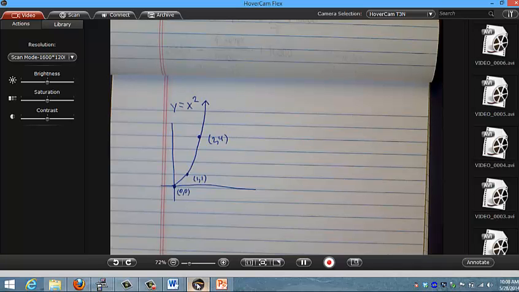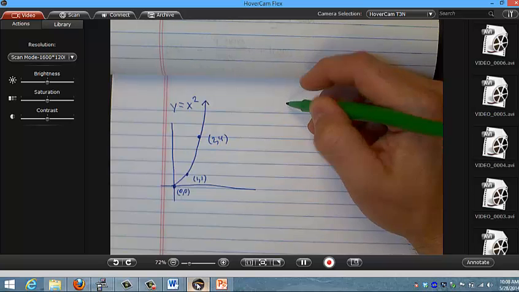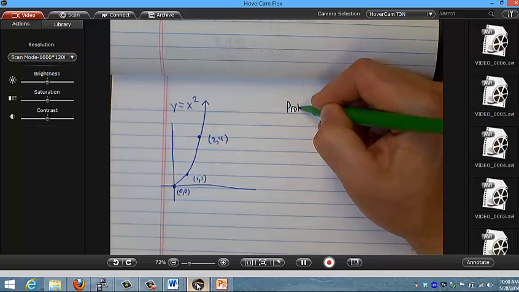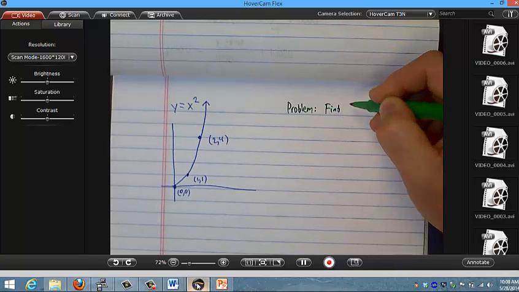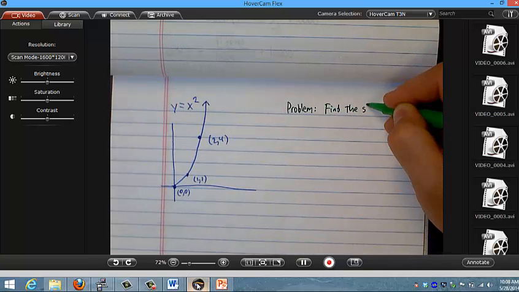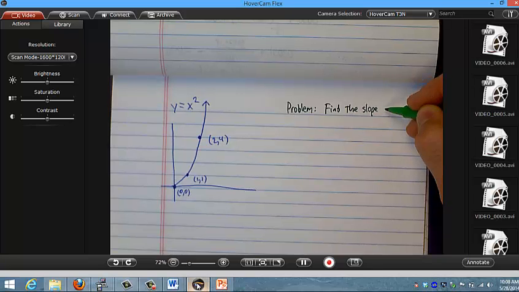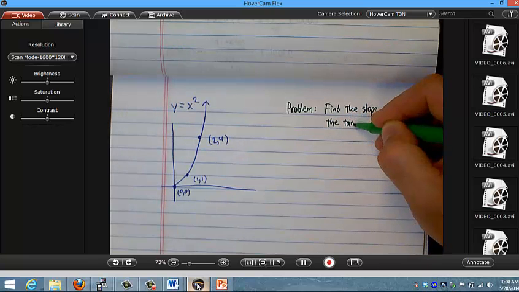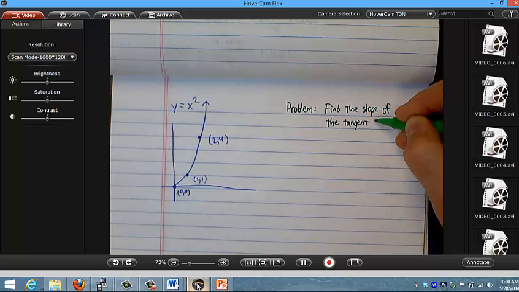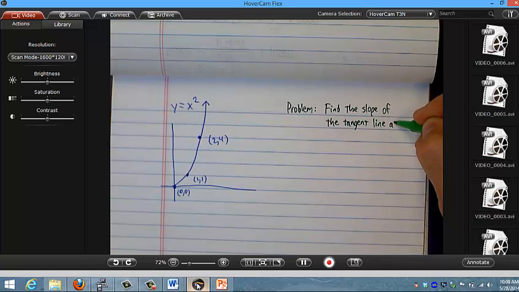And here's a problem that I know you know how to do. Problem. Find the slope of the tangent line at 1, 1.